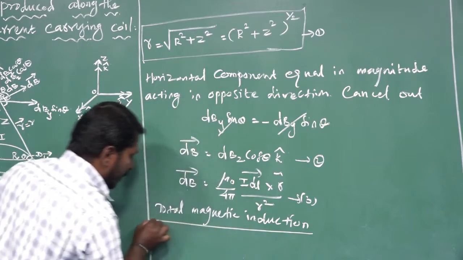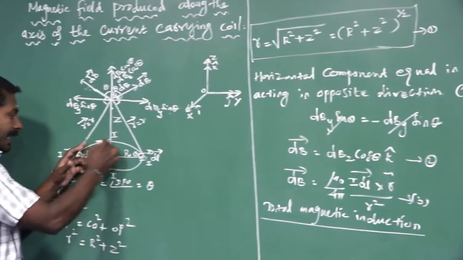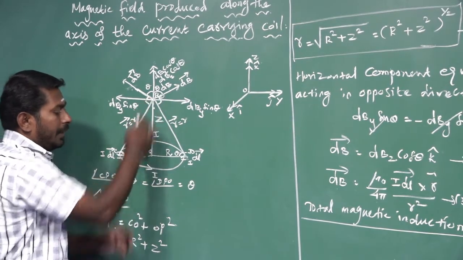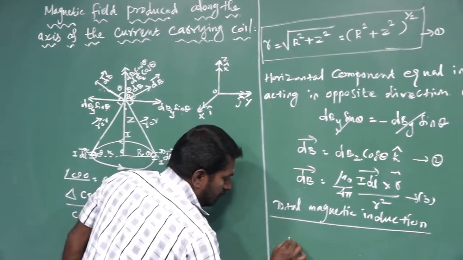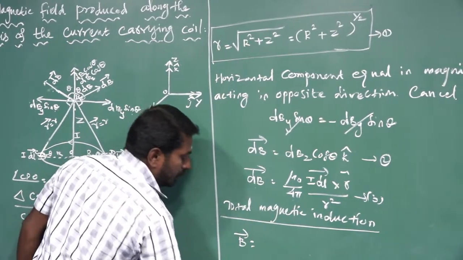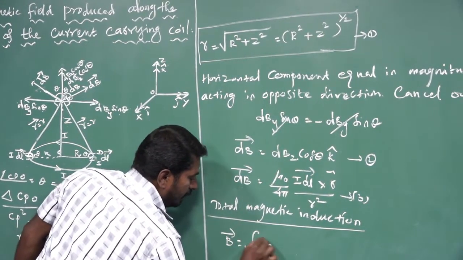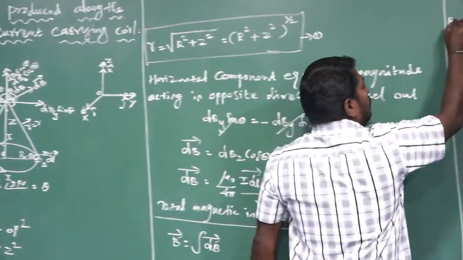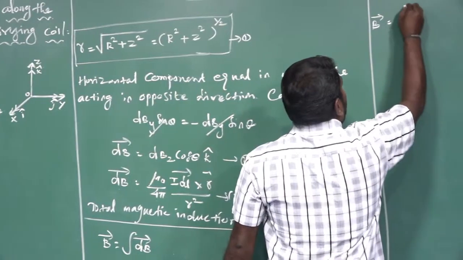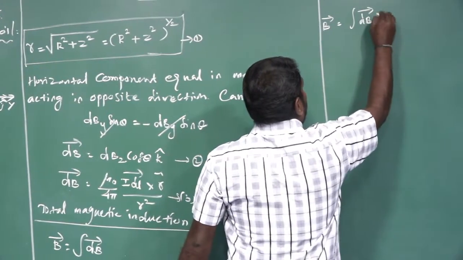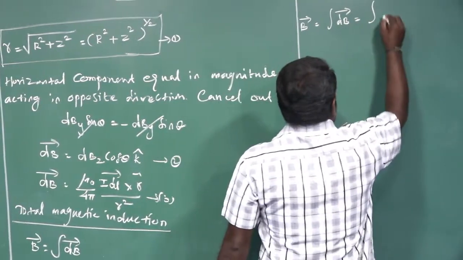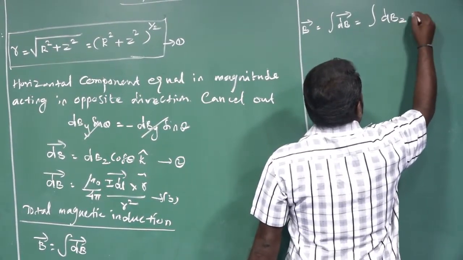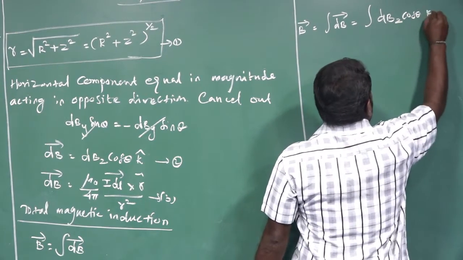Total magnetic induction due to all the small elements arranged in the circular coil produces at this point B vector, which is equal to integration dB vector, which is equal to integration dBz cos theta k cap.